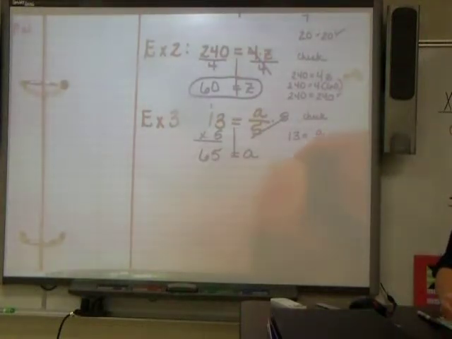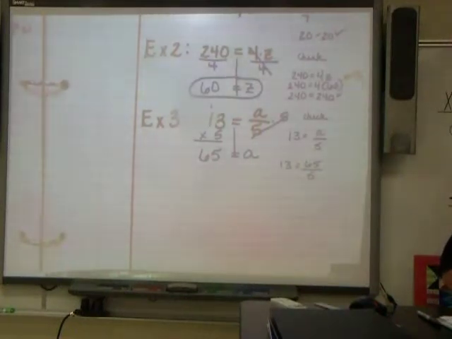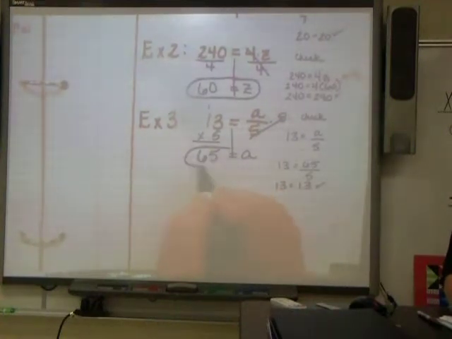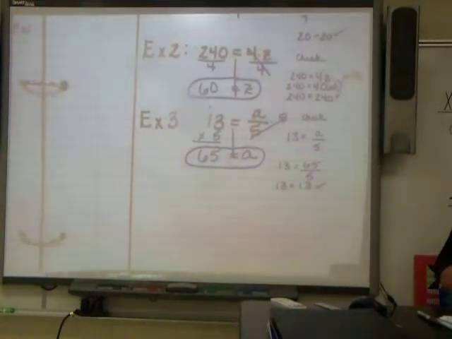If I said that a was 65, that's 65 divided by 5. 5 will go into 65 13 times. 13 is equal to 13, so I know that 65 is my solution.